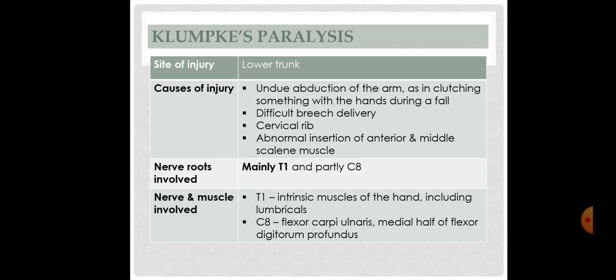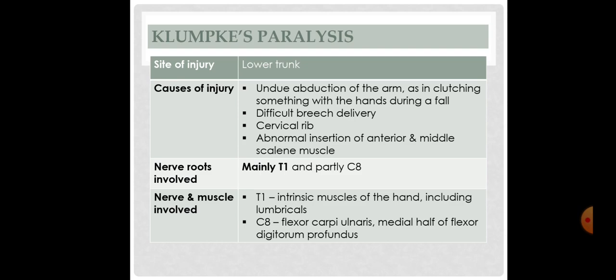Okay, and you know what is the function of lumbricals muscle? In case of Klumpke's paralysis, you have to know that lumbricals muscles are involved in extension of the finger. This is important to understand the deformity.